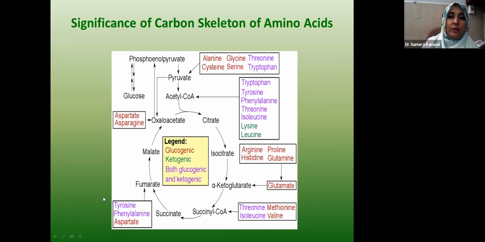The formation of ketone bodies is largely associated with fatty acid metabolism. So when we discuss fatty acid metabolism, there will be a detailed lecture about formation of ketone bodies.